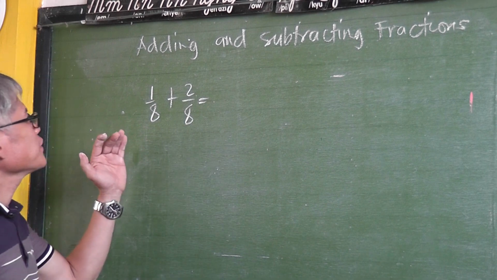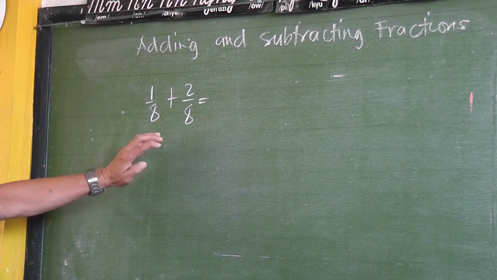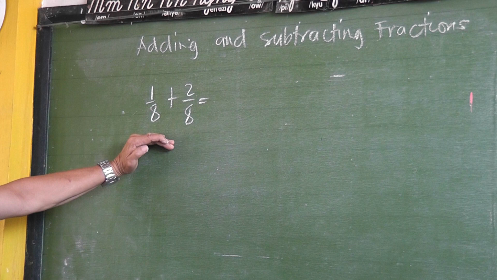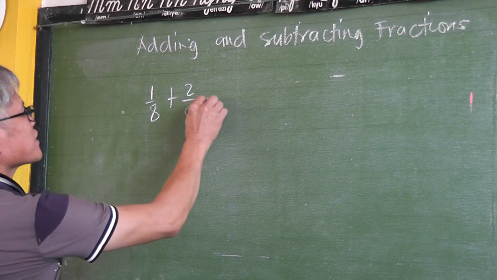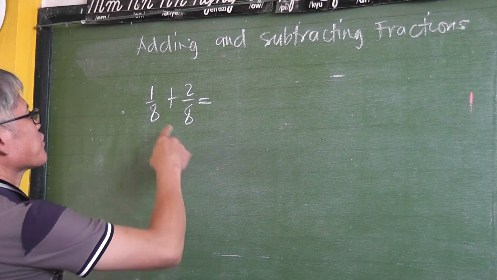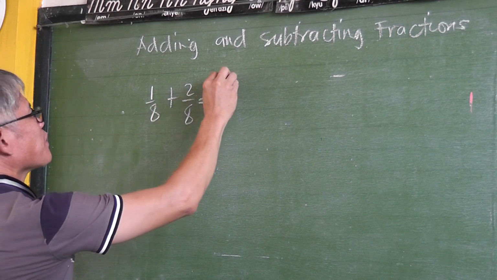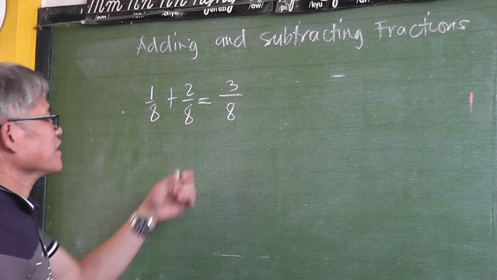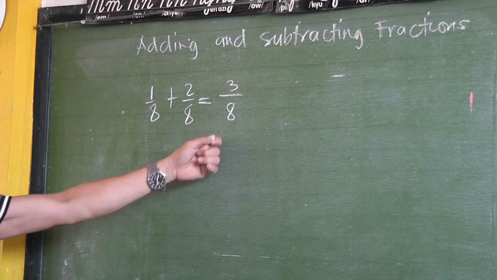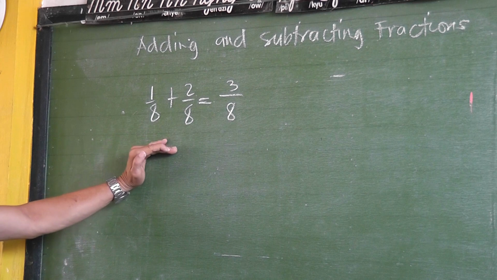In similar fractions, you add the numerators and just bring the denominator. For example, 1 plus 2 is 3, and then write the 8. Just write the denominator. That's how you do adding similar fractions.